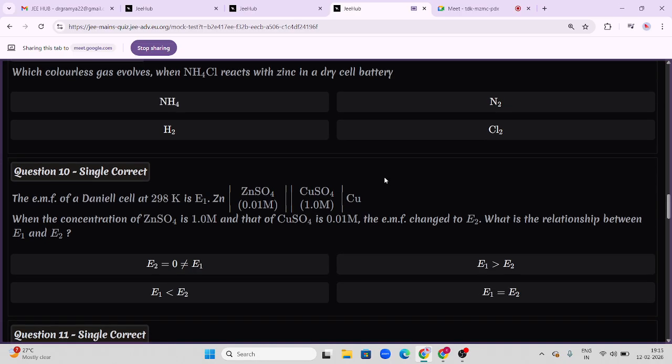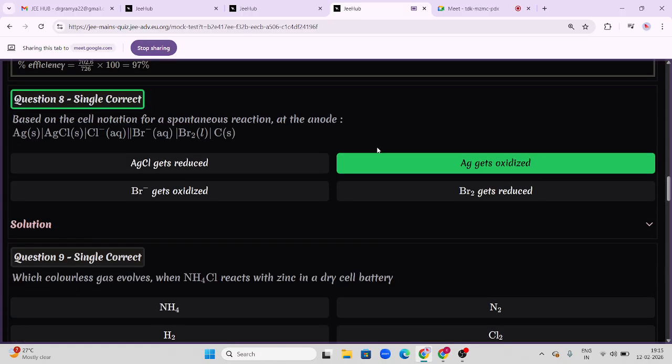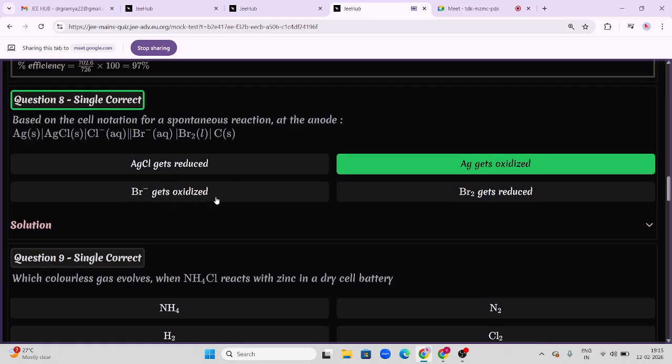Okay. Prithviraj, tell me. Ma'am, can the third option be the answer, ma'am? Which one? Br minus gets oxidized. Could also be an answer here, but here it is a kind of a metal ion electrode reaction. Since it is aqueous and liquid, though you can see from minus 1 it is going to 0, ma'am.